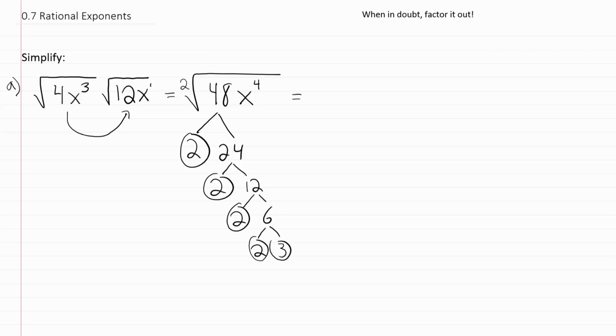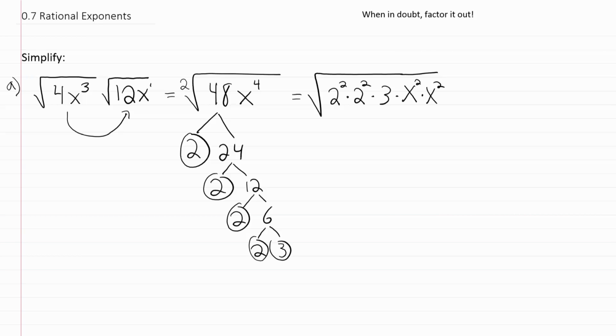We've factored it all the way down to primes. So underneath my square root, I can say that it's 2 squared times 2 squared times 3 times x squared times x squared.